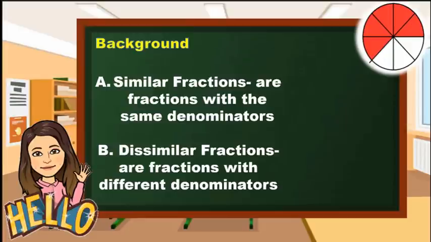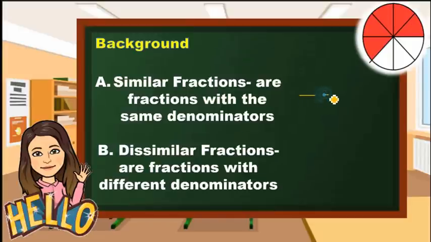So, how do we identify similar fractions? It said here that similar fractions have the same denominators. Ibig sabihin, pareho yung kanilang denominators. So as you can still remember from our previous lesson last time, denominators are those numbers below our fraction bar, right?